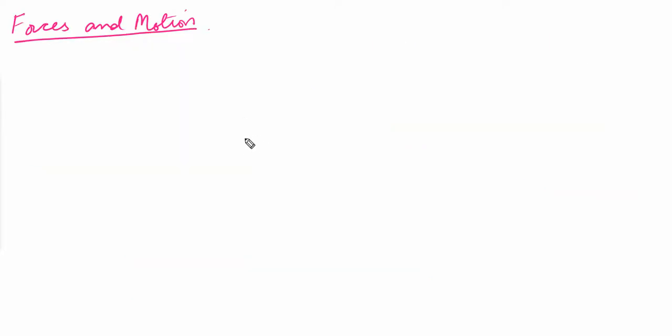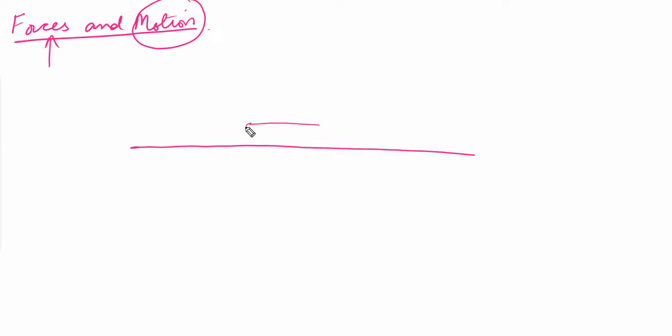Alright, so up till now we are done with the motion part. Now we'll move on to the forces. Let's consider an example that on a straight road there's a car that is traveling.